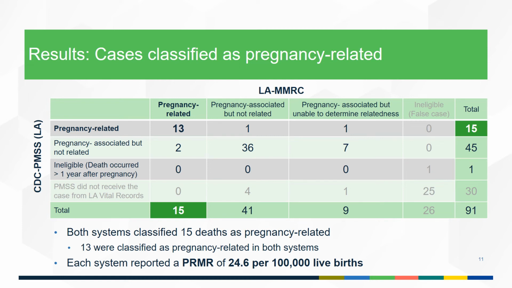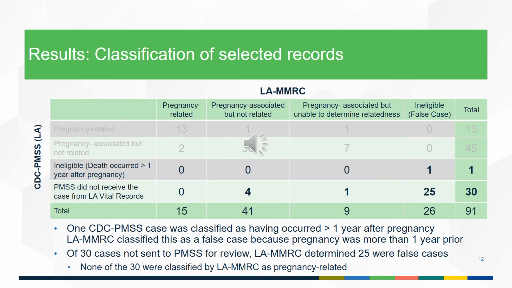Both PMSS and Louisiana's MMRC classified 15 deaths as pregnancy-related, resulting in a pregnancy-related mortality ratio of 24.6 deaths per 100,000 live births for both systems. PMSS classified one case as having occurred more than 1 year past the end of pregnancy, thereby excluding it from the final count of pregnancy-related deaths for 2017. Louisiana's MMRC also deemed the case ineligible to be included in the 2017 count.